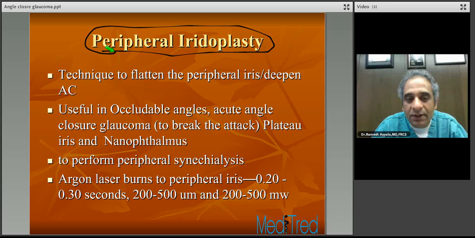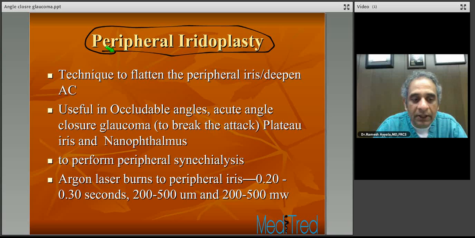I cannot overemphasize the importance of this technique, iridoplasty. I don't know exactly who described this, but it has been made more popular in the recent past by Bob Ritch from New York. Great technique, always comes in handy to break an attack of glaucoma and also to treat these occludable angles.